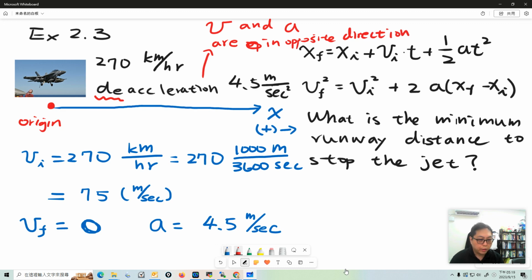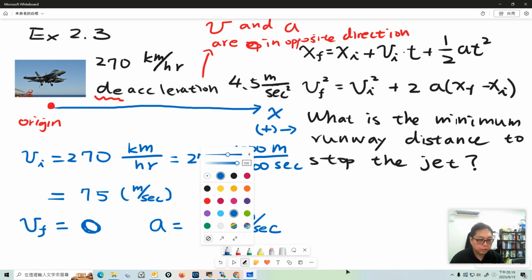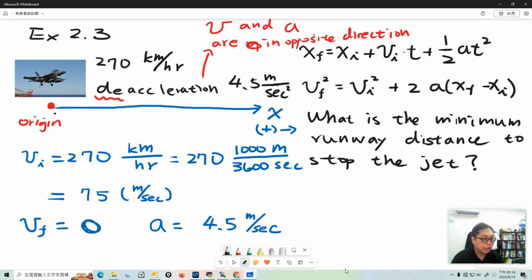When the jet lands, it goes to the right, but the acceleration goes the other way.